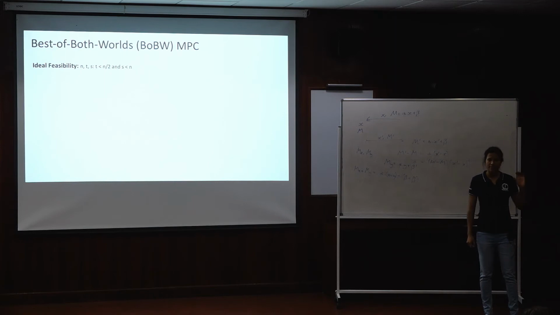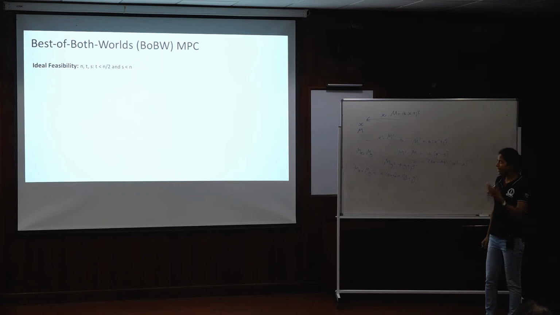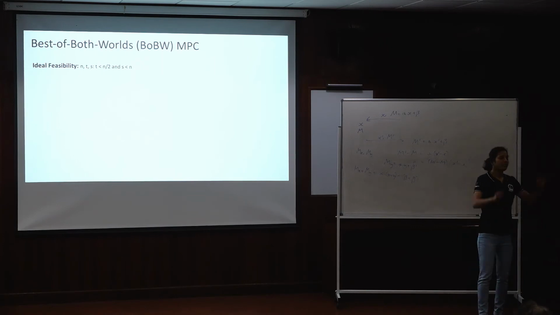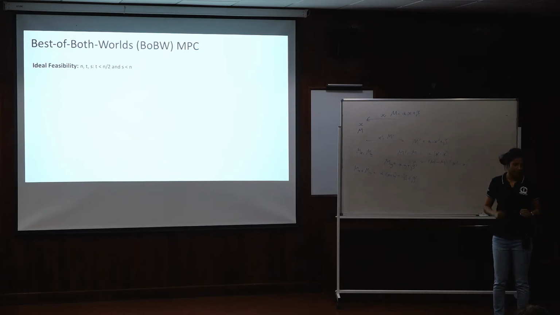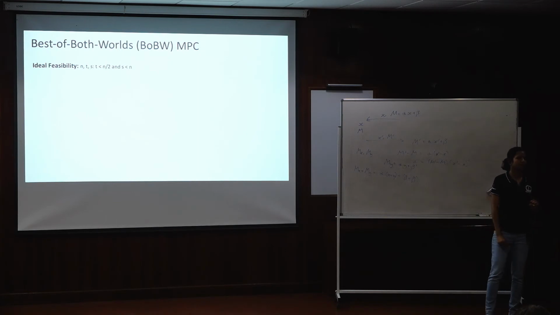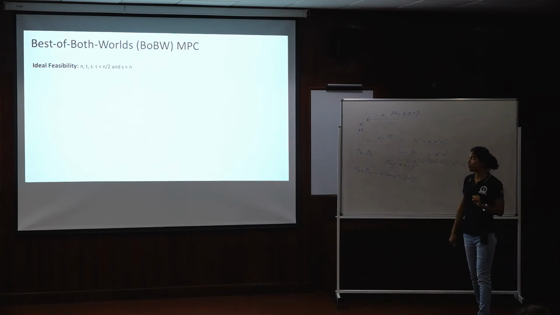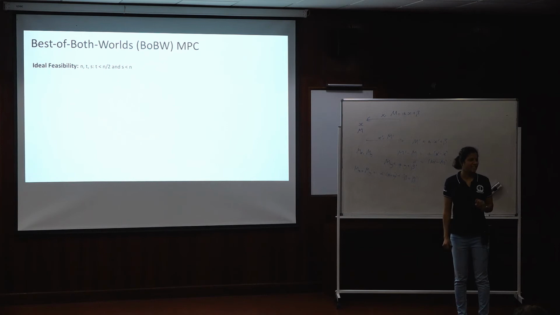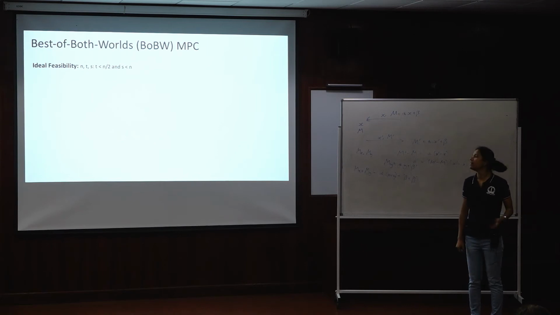Ideally, what would we like? If there are n parties and T and S are as I defined, we want the protocol to achieve guaranteed output delivery when T is less than n by 2, that's honest majority, and unanimous abort, which is the best in the dishonest majority world, when S is less than n.